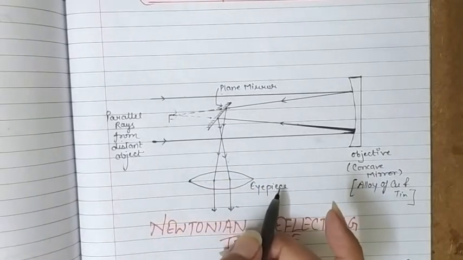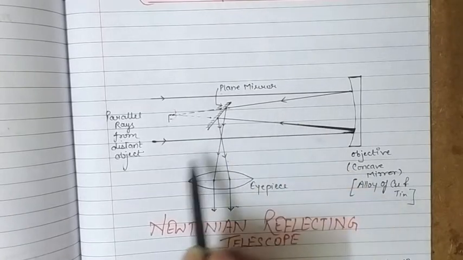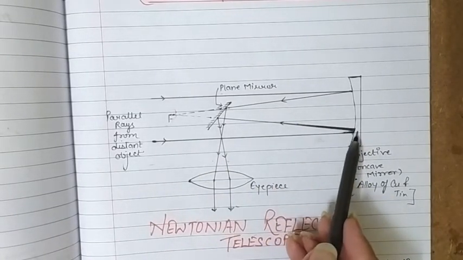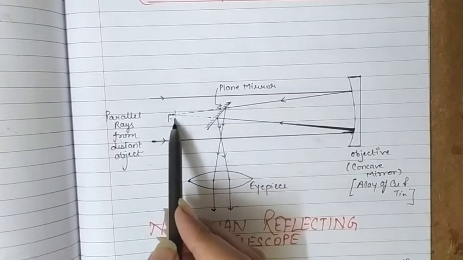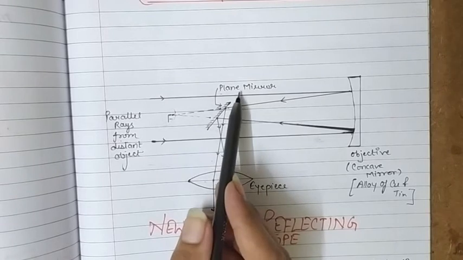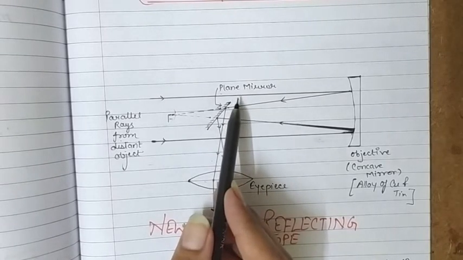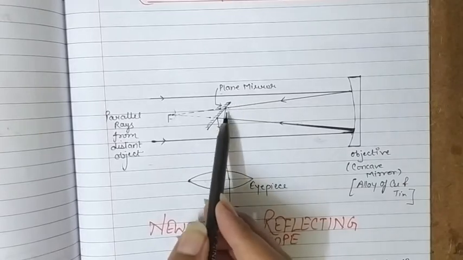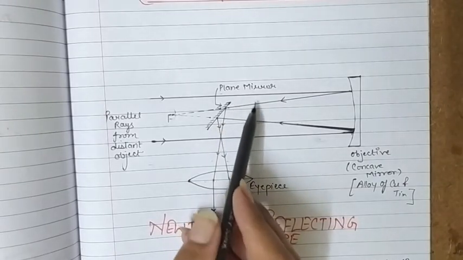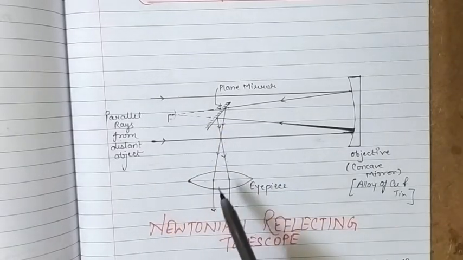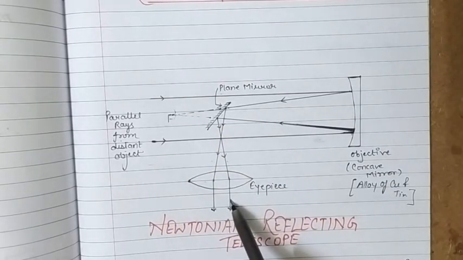So a beam of light coming from a distant star or an object is incident on the objective, converges and comes towards f to get focused. But before they get focused, there is a plane mirror inclined at 45 degrees introduced in the path of these rays, so that it intercepts them and turns them towards the eyepiece, and we adjust the eyepiece perpendicular to the axis of the instrument.